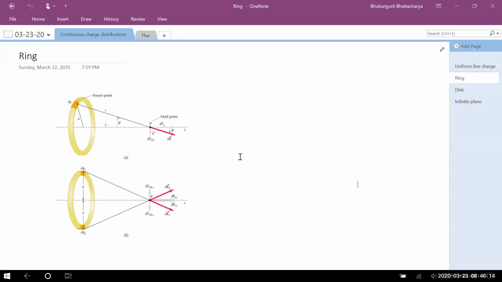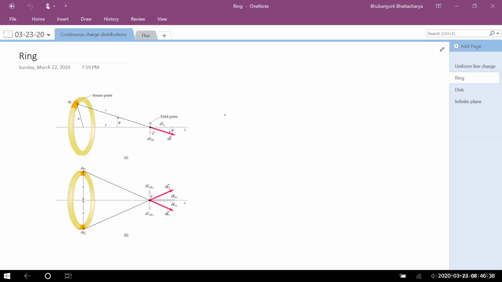But now in a ring of charge, for every dq1 there's a dq2, a charge that is diametrically opposite to it, right? So just like there is a dE1, there's also a dE2. My question would be, what is the net effect of adding these two vectors, dE1 and dE2?